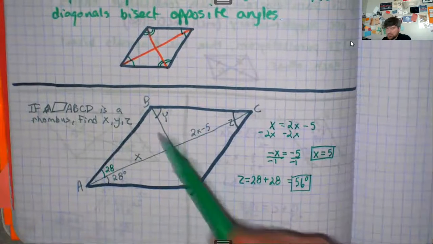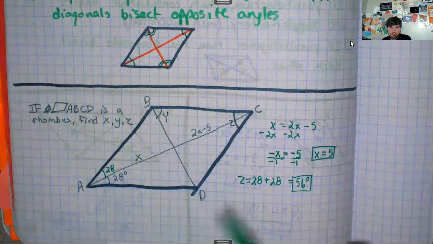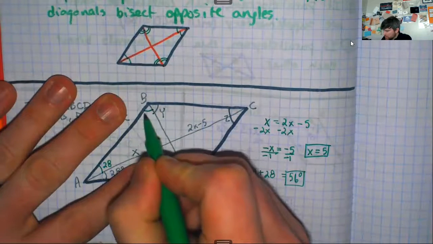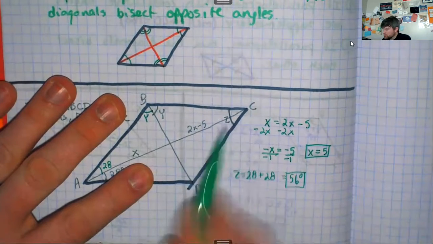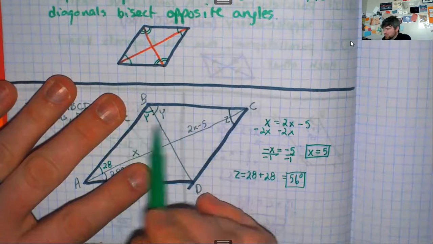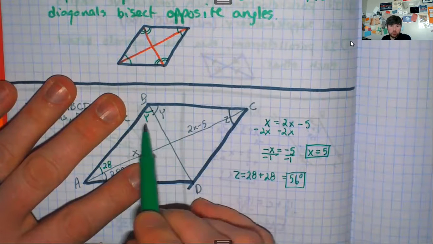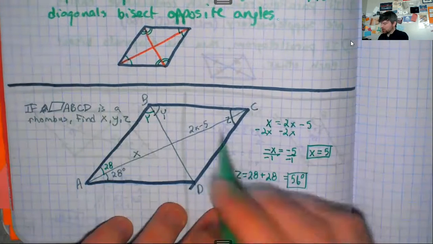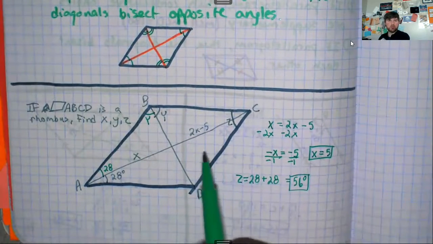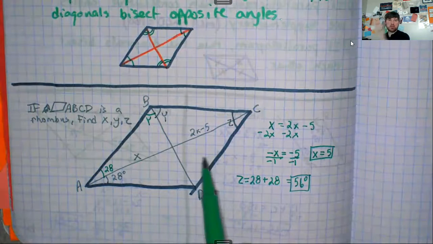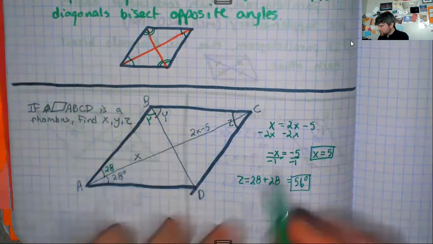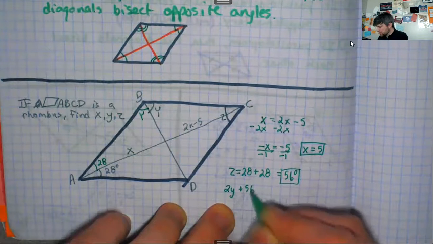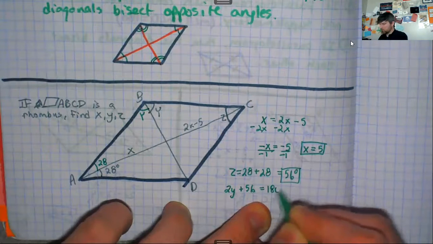Now I have to find Y. Y is a little bit more tricky. If this is Y, this right here is also Y. And I know that Z is 56. If I take this angle, which is 2Y, and add it to Z, which was 56, I get 180, because one of the properties of a parallelogram says that consecutive angles are supplementary. So 2Y plus 56 equals 180.